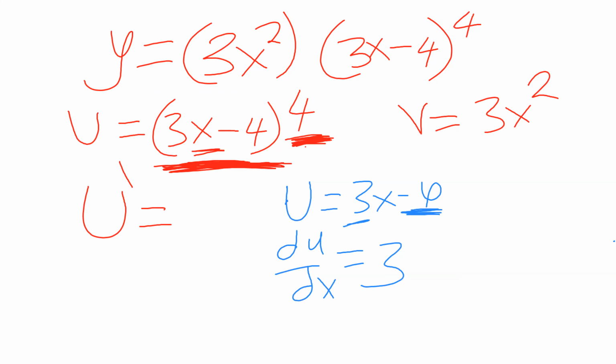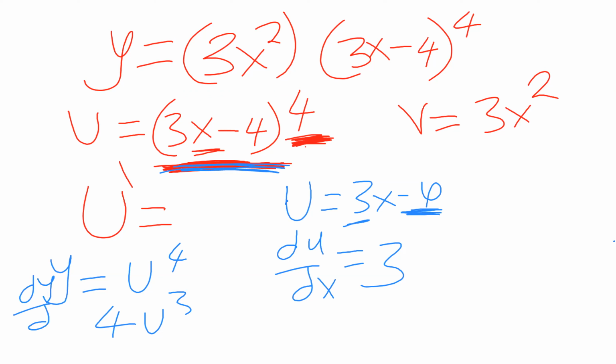Then you realize this is the chain rule that we're trying to do. Just for this one, to find u prime, we will relate this as y is equal to u to the power of 4, right? Then we'll have 4u to the power 3. We need to find dy over du.